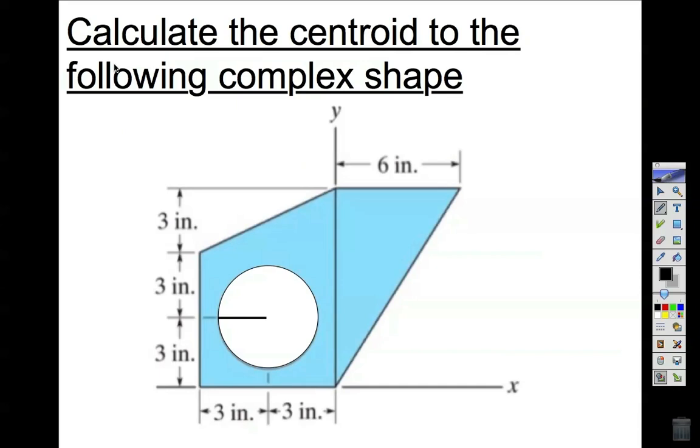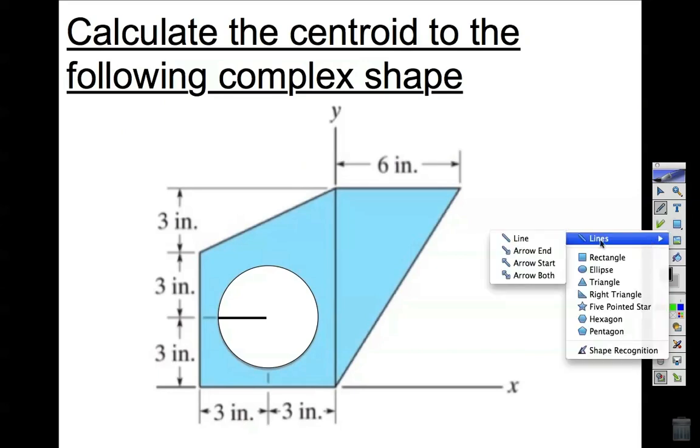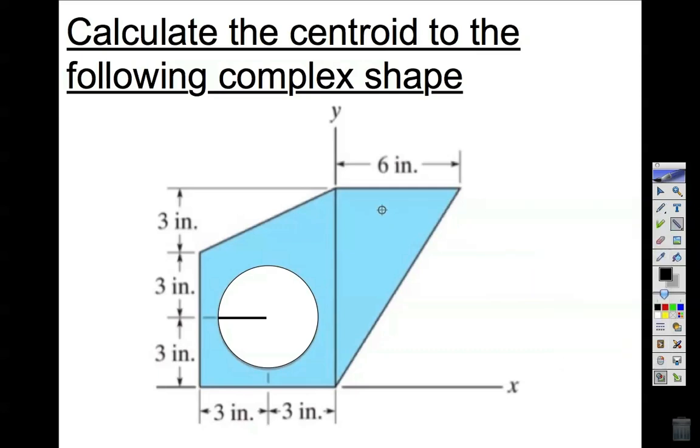All right, so we're going to calculate the centroid of this complex shape. Again, first thing to do, we're going to break this down into easier shapes to deal with. So what I'm going to do is I'm going to do this.